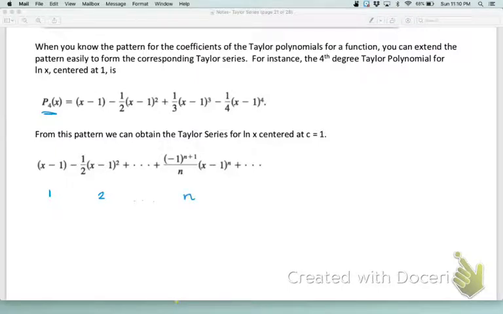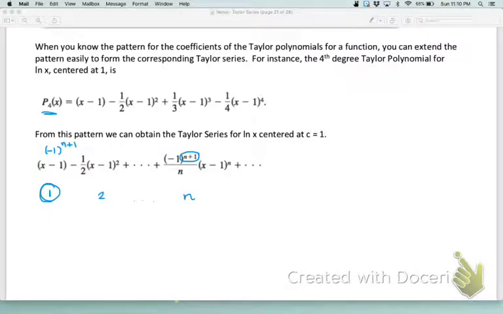So we need the first term to be positive. So if n is equal to 1, that's why we want the exponent here to be n plus 1 for the negative. Because if it was just negative 1 to the n, when n is equal to 1, this term should be negative. But since we need it to be positive, we need to increase the value of n.